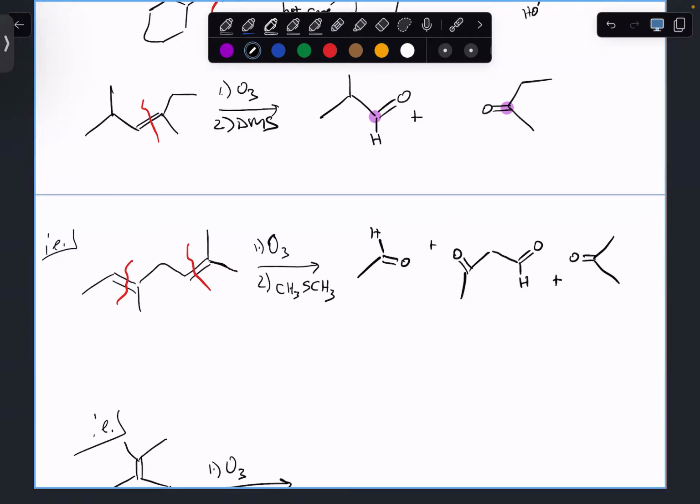Any questions on this one? Yeah, I probably wouldn't count off for it, but it would be more correct if you had the step two dimethyl sulfide.